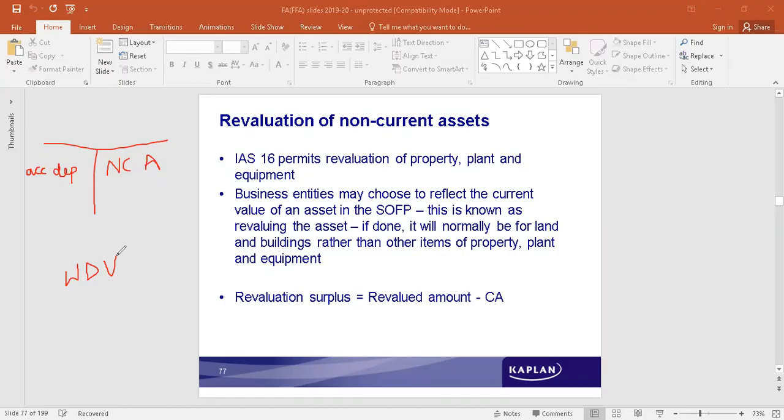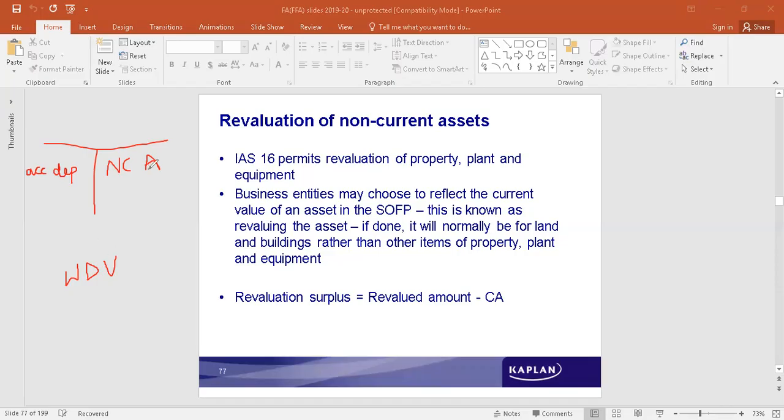For other assets, like plant, machinery, equipment, etc., the value decreases. So whenever the value increases, the business can choose to adjust the non-current assets according to the market value. For that, there is a revaluation process that is taken up.